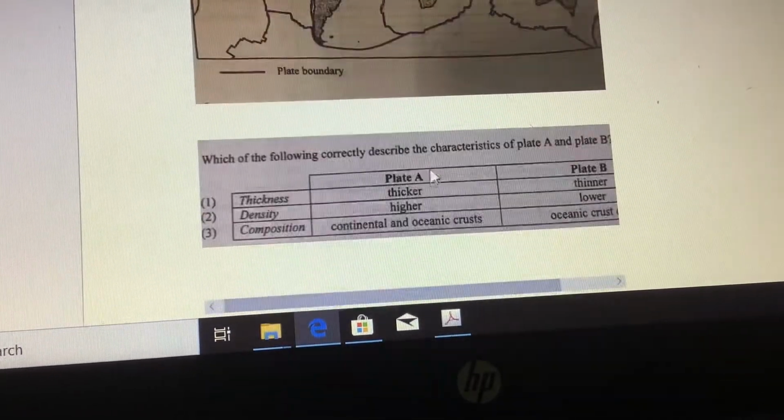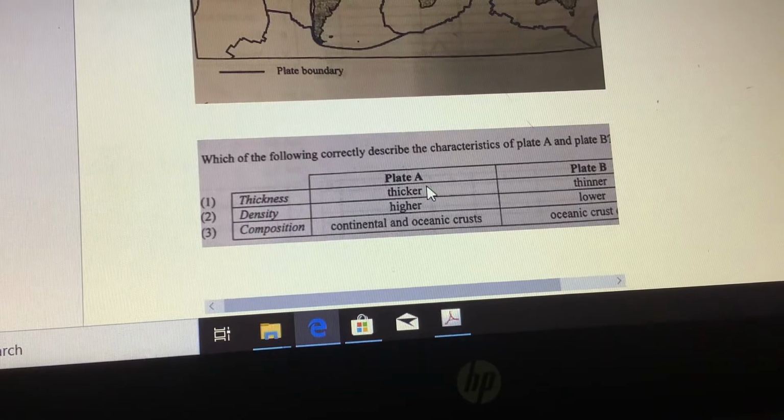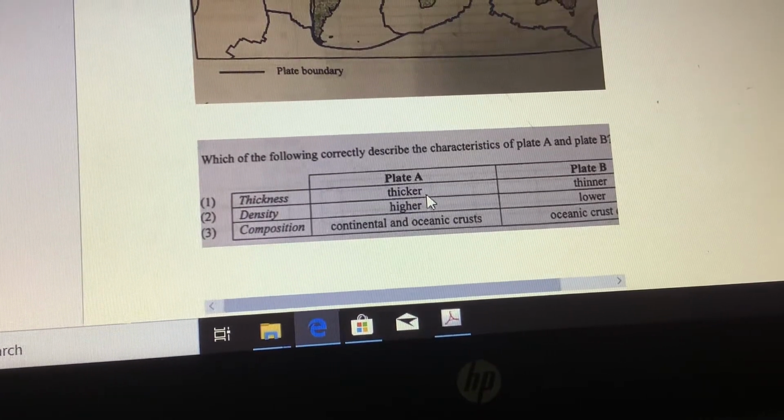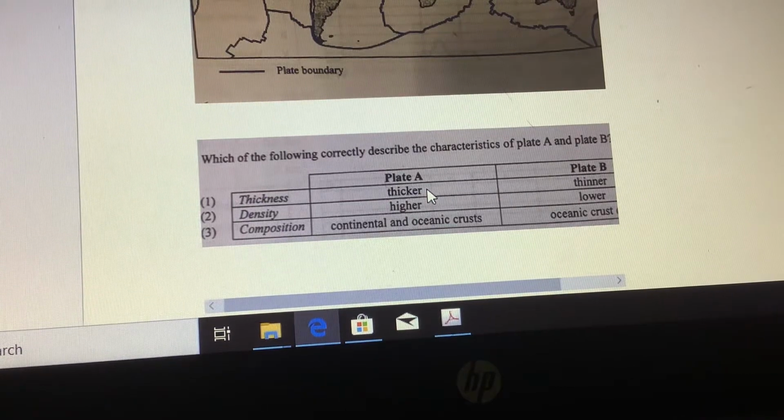Plate A should be thicker, as I've said before. It comes again. Can you see why I mixed up the previous question? Because I mixed up this question with the former question. Sorry about that. As I have said before, thicker means less dense. Thinner means denser.